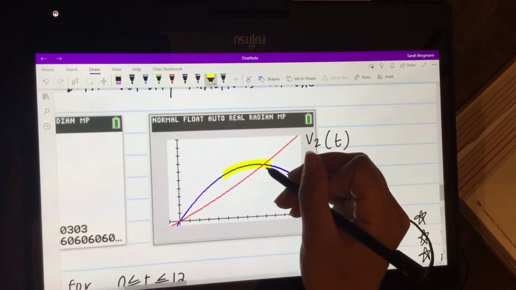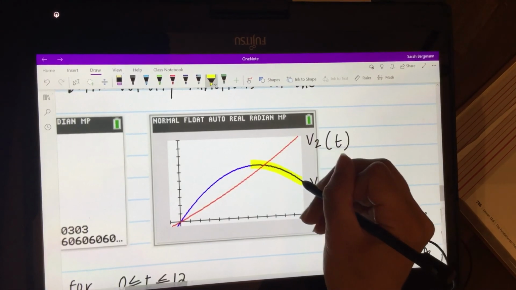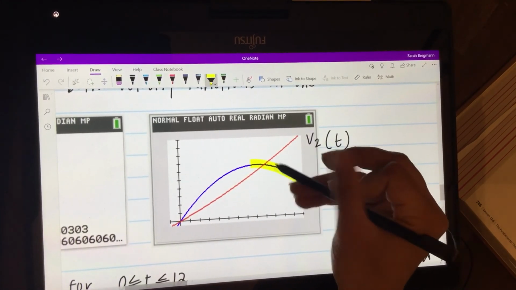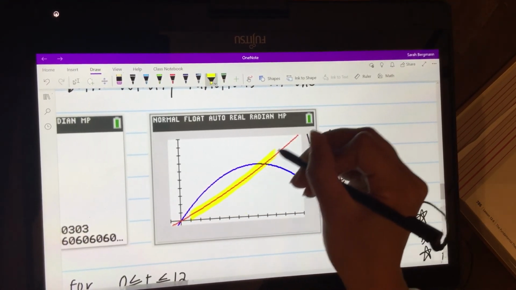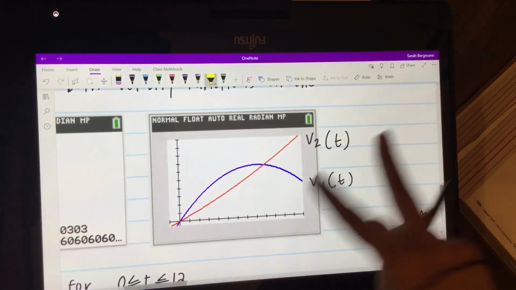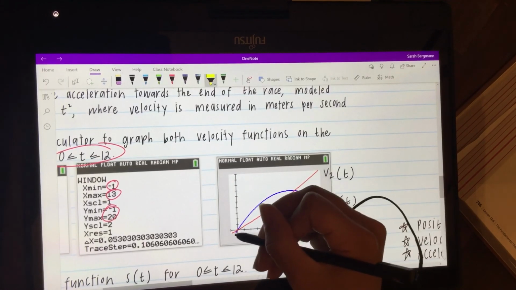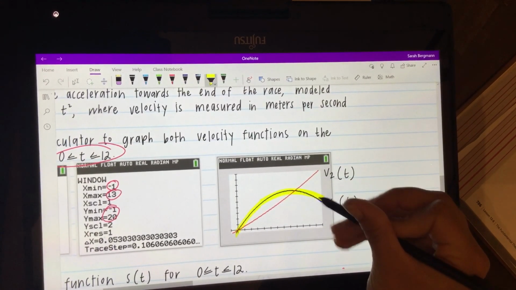Her slope decreases, and then she starts to slow down even more. Her slope turns into a negative slope. However, on the second strategy, she continues to speed up throughout the entire race and get faster and faster. So take your guesses. Which one do you think is better? Do you think it's better for her to do an initial burst of speed at the end or at the beginning and then slow down towards the end?